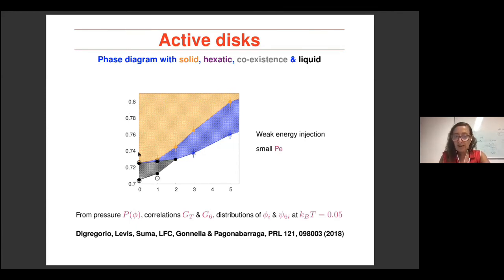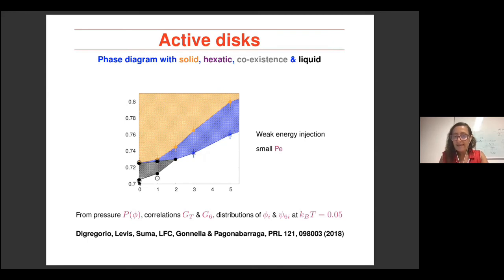So you have a solid for large densities. In my slides, solid is always orange, exotic is always violet, coexistence is always gray, and liquid is white. On this axis, you go from the solid to the exotic. It is tiny here, but it's there. There is a little bit of violet between the orange and the gray. Then you have coexistence between exotic and liquid in the gray region, and then you have liquid below.